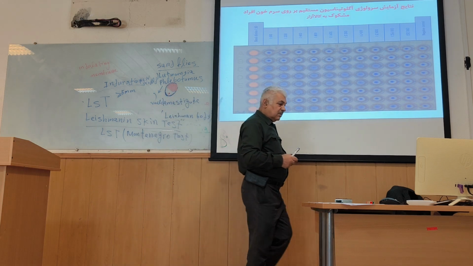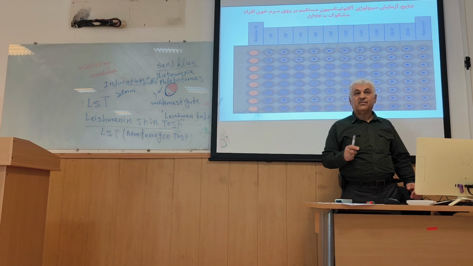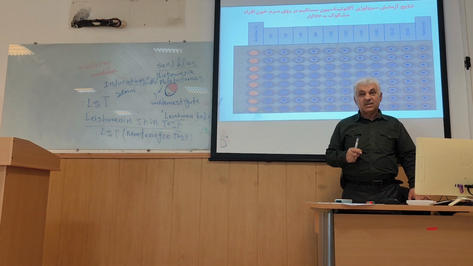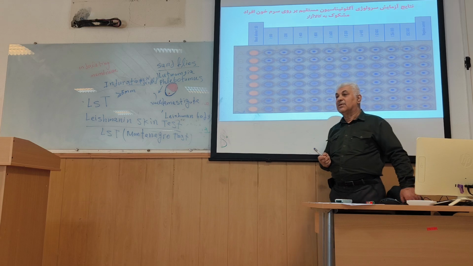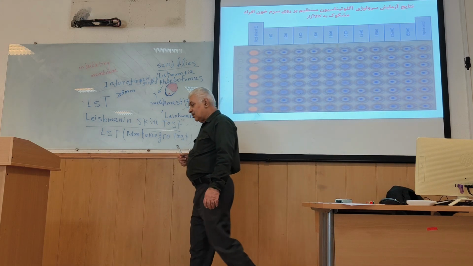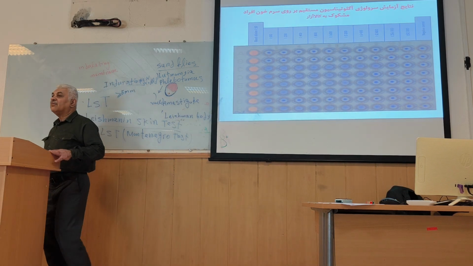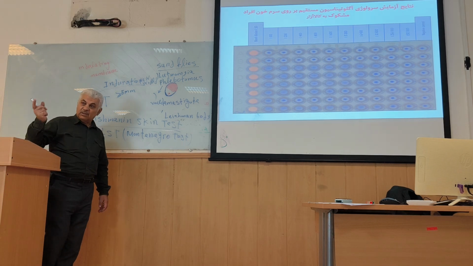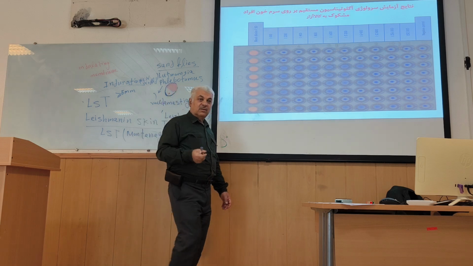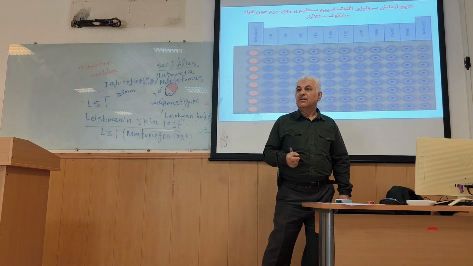This is a validated test for the diagnosis of visceral leishmaniasis. In humans and in animals, we can use this test for the detection and diagnosis of canine visceral leishmaniasis, and visceral leishmaniasis in dogs, in rodents, in jackals, in foxes.